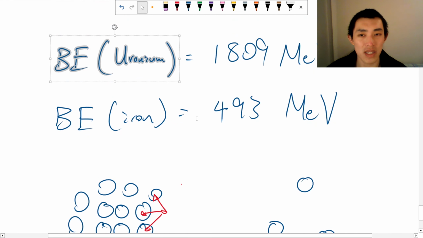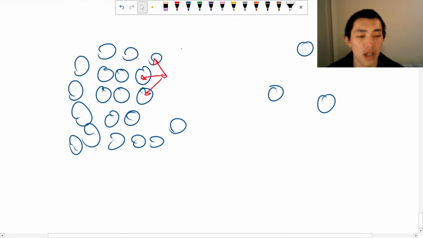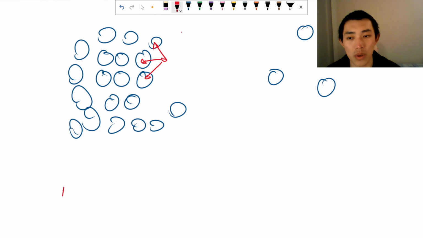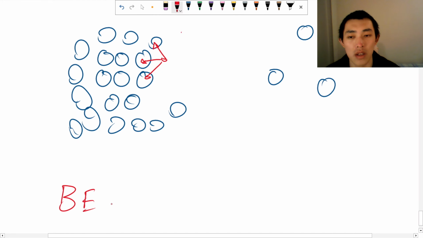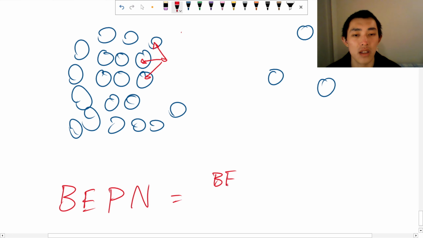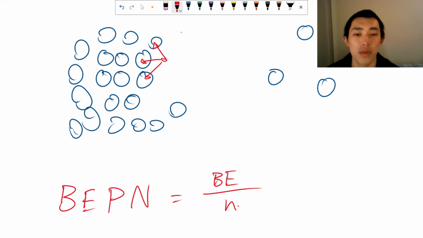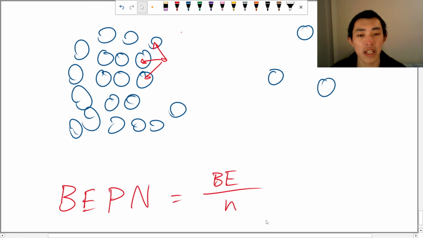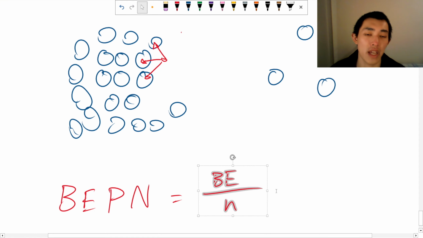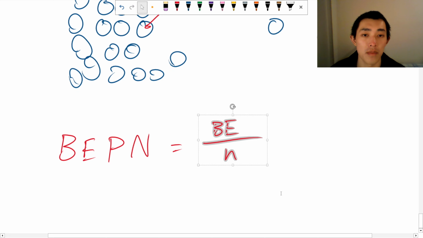So what we can do instead is calculate something called the binding energy per nucleon, or BEPN, which is the binding energy divided by the number of nucleons that you have. The binding energy per nucleon is a good indicator of stability.